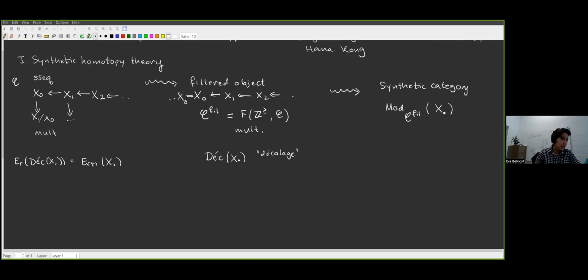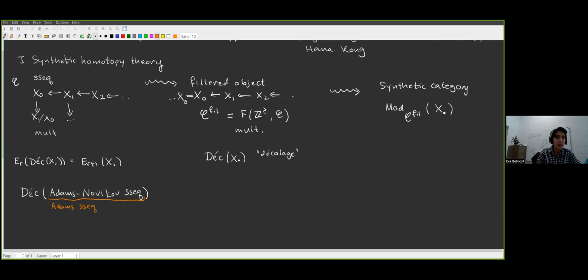Okay, so now I can talk about the motivating example. Instead of looking at the Adams-Novikov spectral sequence, I look at the décalage of the Adams-Novikov spectral sequence. Just as a reminder, it's the Adams spectral sequence based on MU.